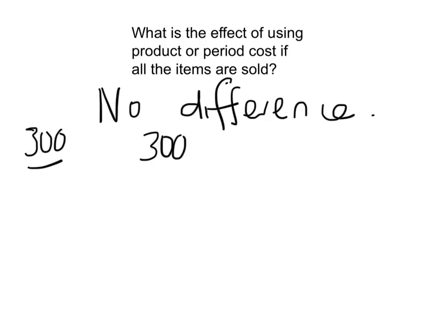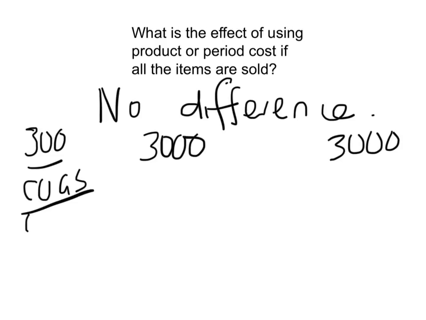So $3,000 for sales for both methods. In terms of cost of goods sold, cost of sales will be 10 times 105. So 10 times 105 is 1050.